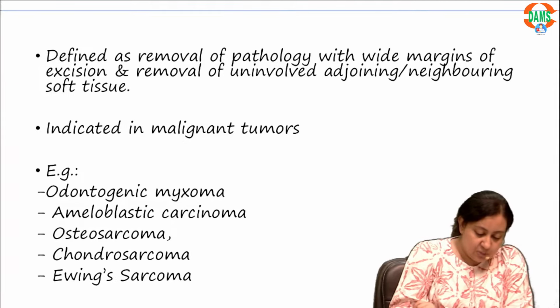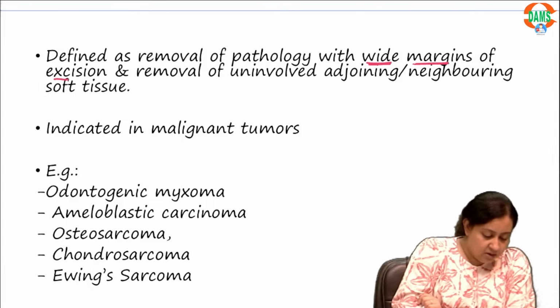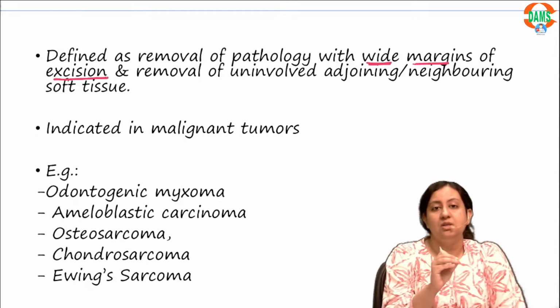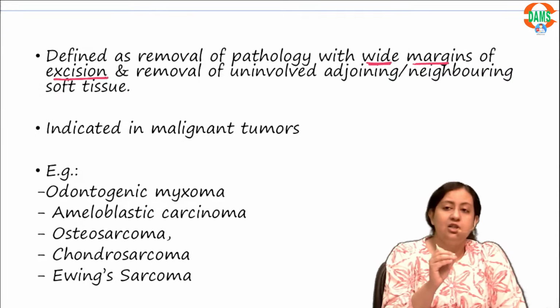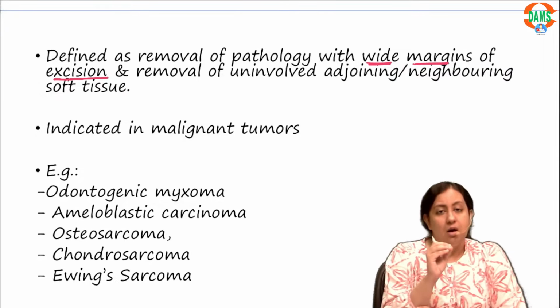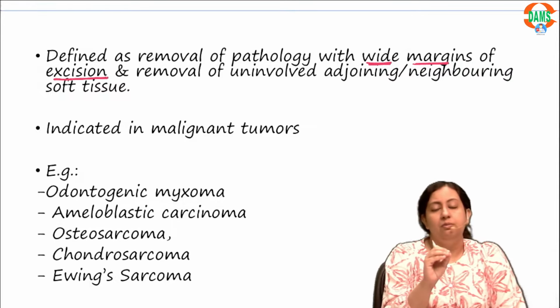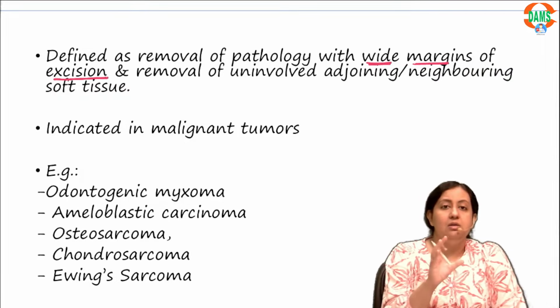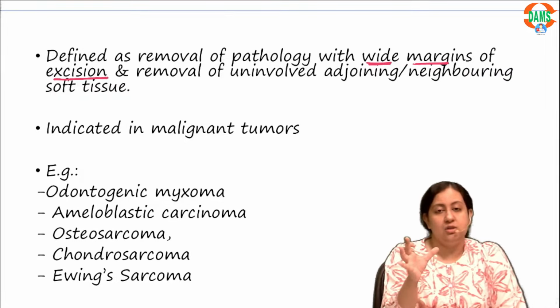Removal of pathology with wide margins. Now here there is no numerical value which you assign to the margins. In resection we were removing around 1 to 1.5, but here you just say wide margins.